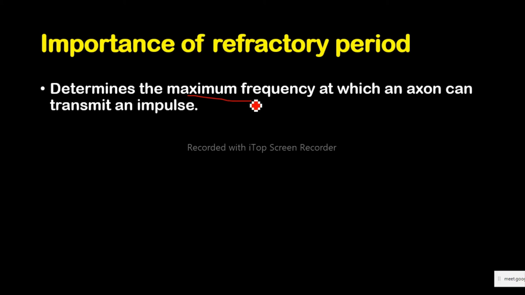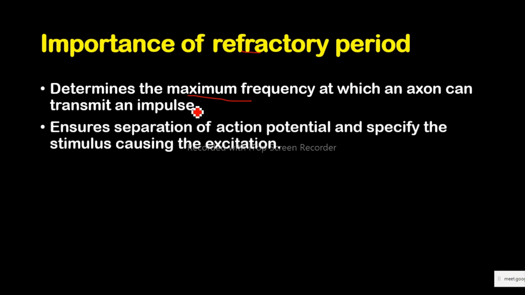In fact, you can read about how pesticides work. Yes, we are going to study the synapse, and I'll talk about it. But this refractory period determines the maximum frequency at which an axon can transmit an impulse, so that you don't exaggerate things, and if you exaggerate, then you overreact. Okay, and it might not be good for you.